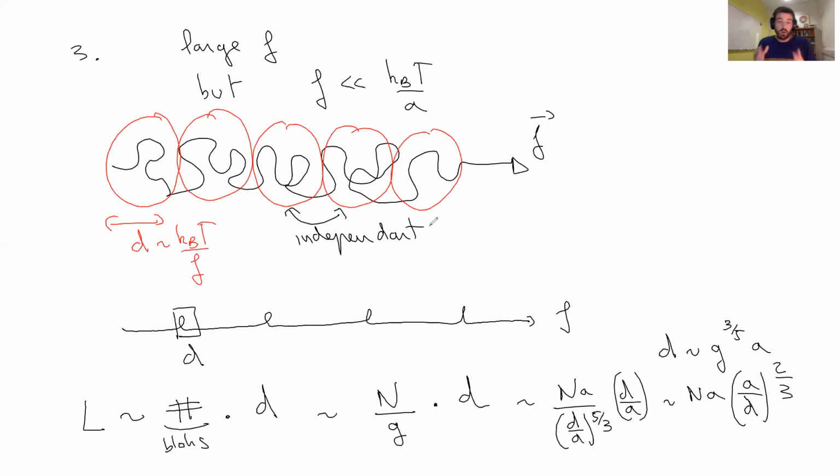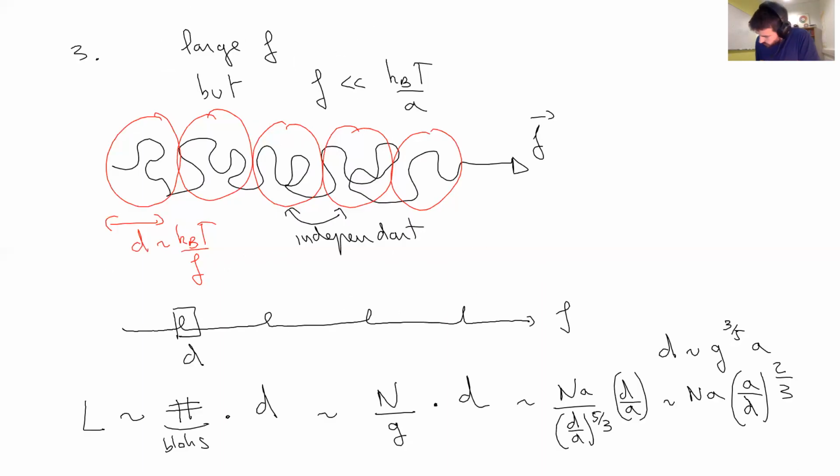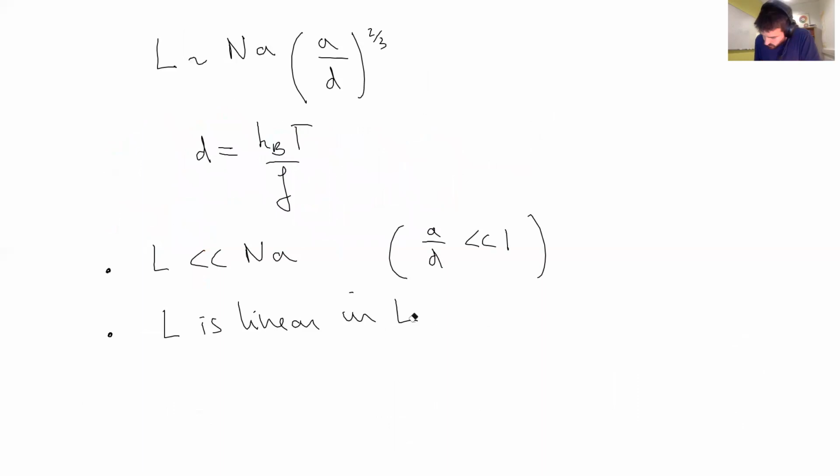A blob is the maximal size above which you have independence of the properties of the chain. Either because you are screened by some Flory-like interactions, or here because the thermal energy doesn't play any role anymore. So you end up with L is linear in N, which is a feature associated with the fact that blobs are independent objects.